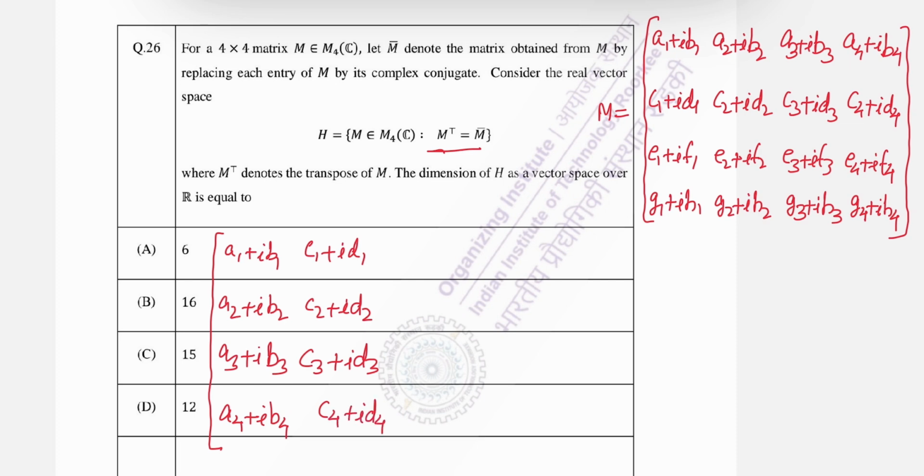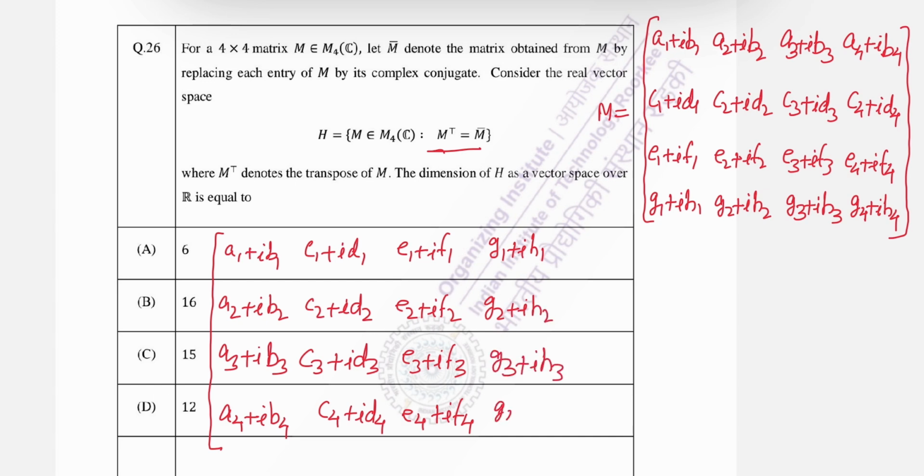Now the third: E1 plus iota F1, E2 plus iota F2, E3 plus iota F3, E4 plus iota F4. Now the last column, and that will be G1 plus iota H1, G2 plus iota H2, G3 plus iota H3, G4 plus iota H4.